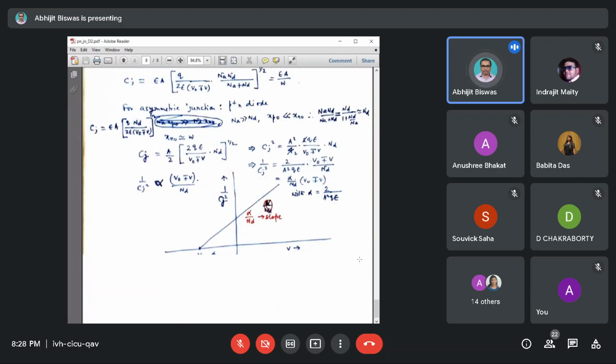You can also find the value of the contact potential as well as the doping concentration in the lightly doped region, because from intercept and slope you get two quantities from this graph. One is V0, the contact potential, and the other is Nd, the donor concentration in the N region. It is a very simple technique, but very useful for determining two important parameters pertaining to a PN junction.